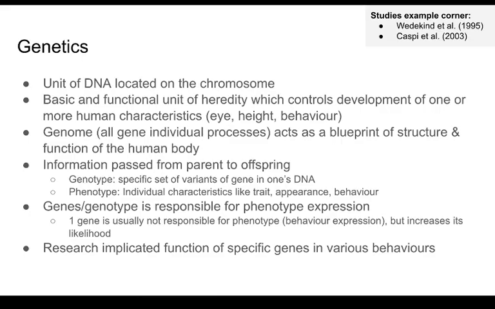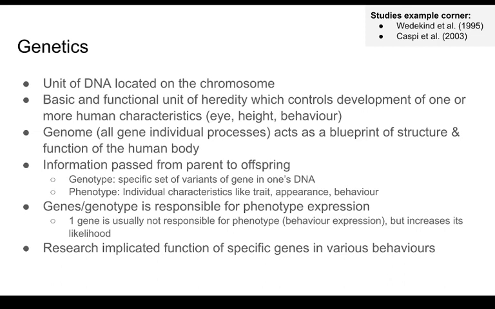Next, we have genetics. A gene is essentially a unit of DNA located in a chromosome. It's the most basic and functional unit of heredity, which controls the development of one or more human characteristics.